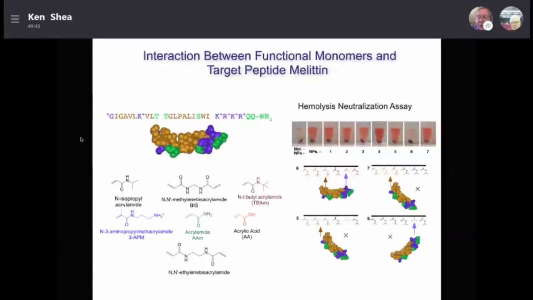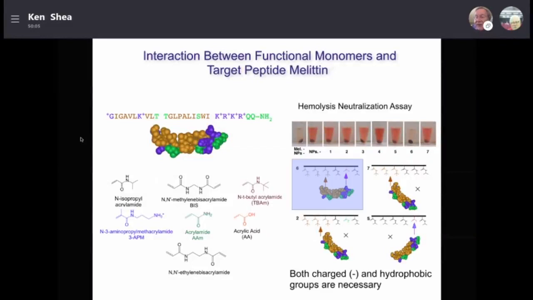And we notice that the supernatant is red. That's because the red blood cells have been broken open by the toxin, and hemoglobin, a small red protein, stays in solution. Subsequent test tubes are red blood cells, melittin, plus our nanoparticles. The important point is nanoparticle 6 seems to bind to and inhibit melittin. And this is how we discover synthetic polymer nanoparticles that bind with selectivity to the target biomacromolecule.